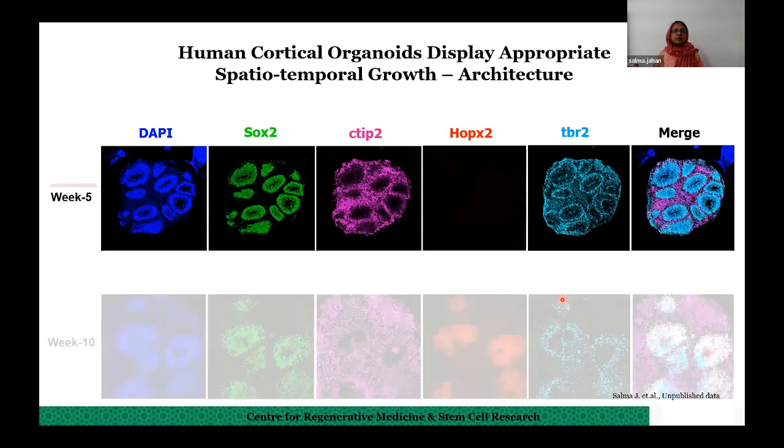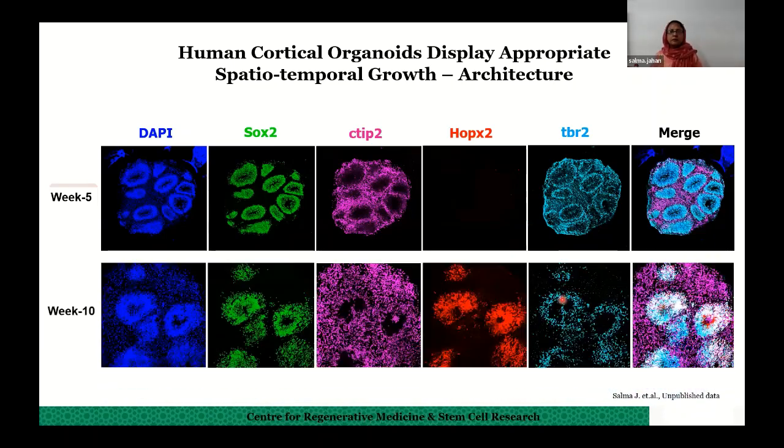I also utilized the radial glial marker called HOPX, which is also born in the ventricular zone. This radial glial marker is very specific to human development, and it plays a very important role in differentiating into multiple cell types.